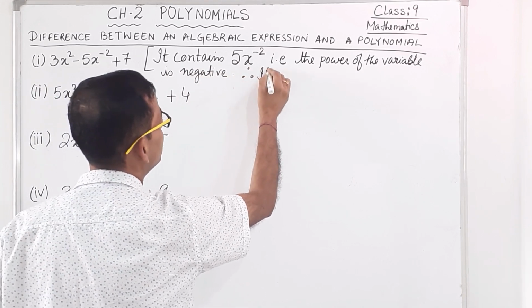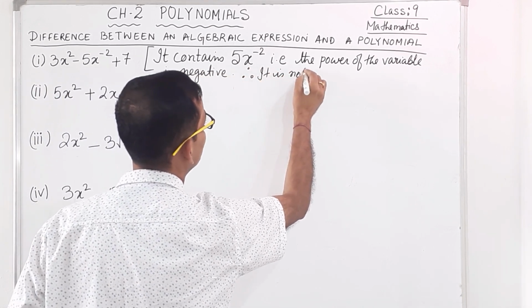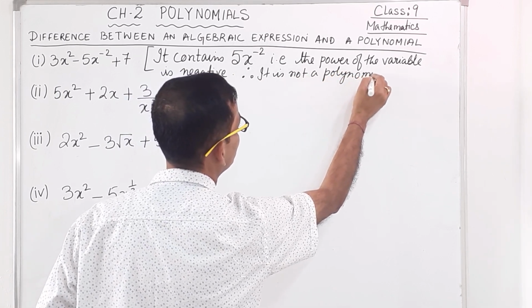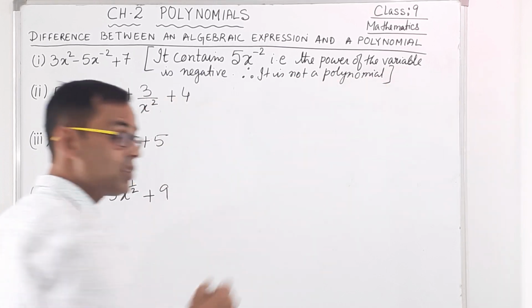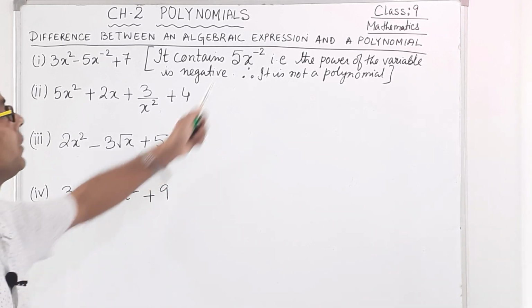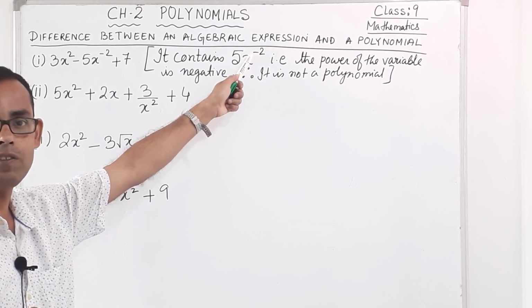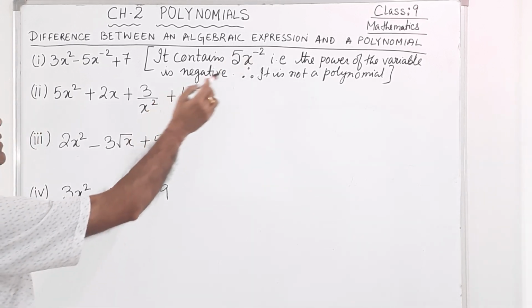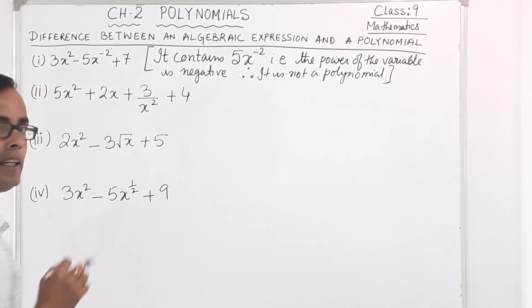Therefore, it is not a polynomial. Because I told you the definition of a polynomial, the power has to be a non-negative integer, but minus 2 is a negative integer, so it is not a polynomial. Clear?